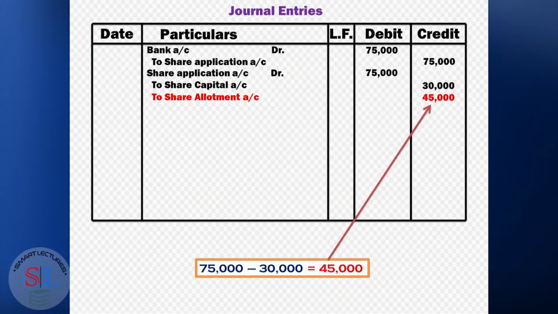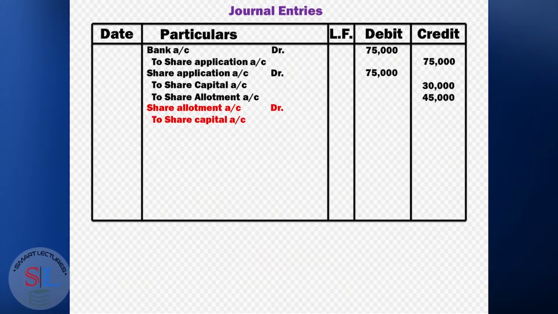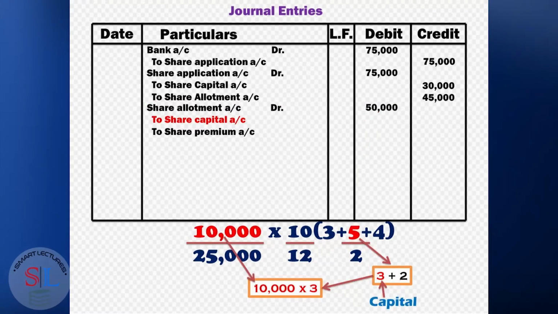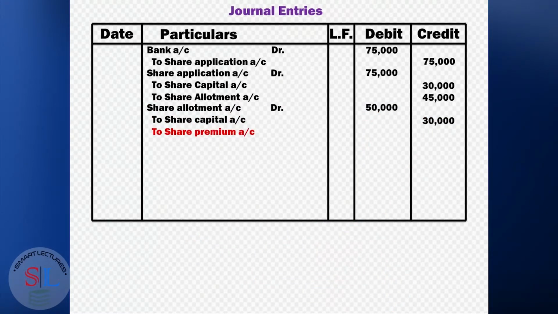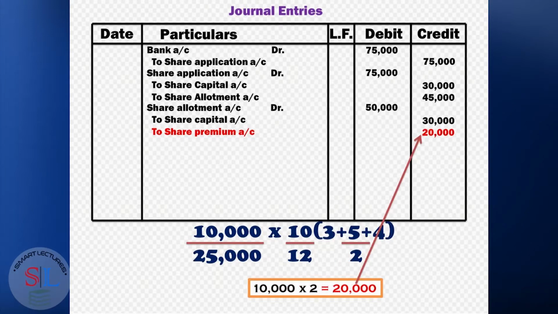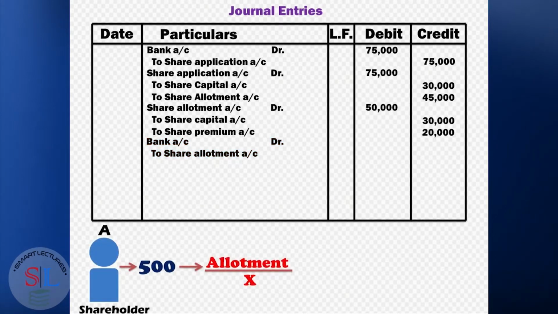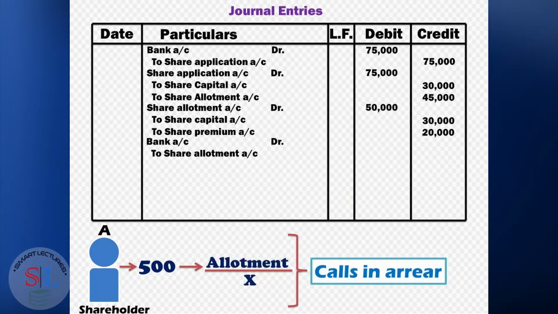Now the transfer entry for allotment. Share allotment account debit to share capital account and share premium account. Share allotment will be debited 10,000 into 5, 50,000, to capital 10,000 into 3, 30,000, to share premium 10,000 into 2, 20,000 rupees. Then bank account debit to share allotment account. You know, one shareholder holding 500 shares couldn't pay allotment money. There is a situation of calls in arrear.